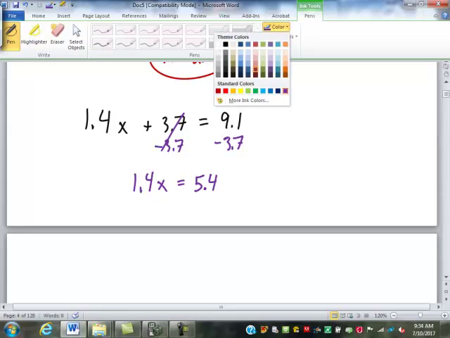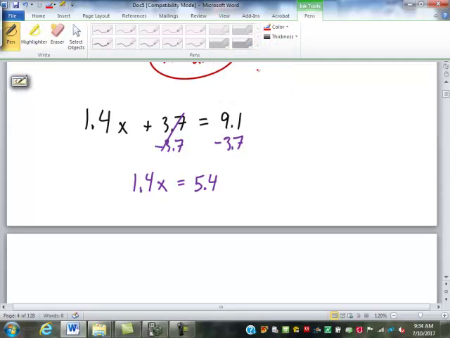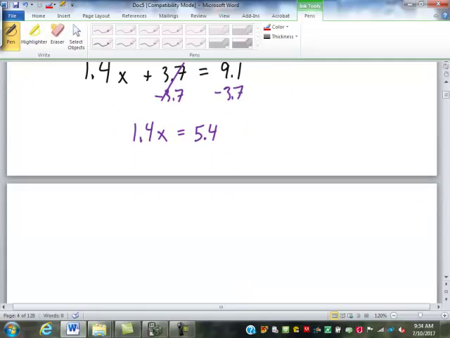Then what? Divide by 1.4. So x equals 3.857142857, correct?